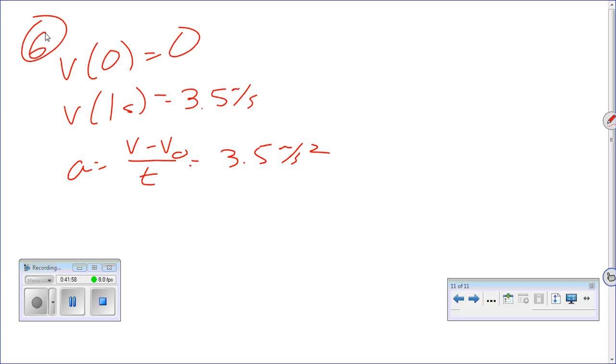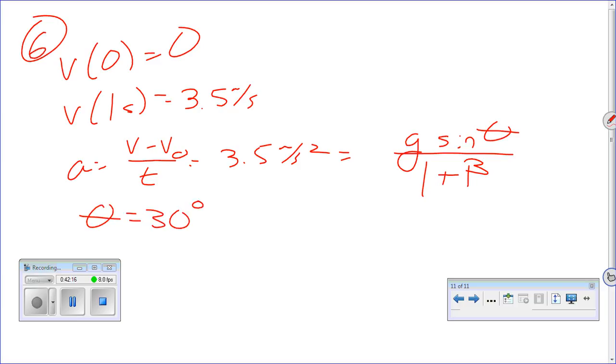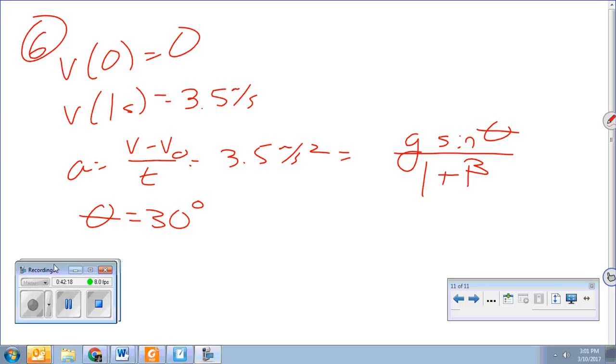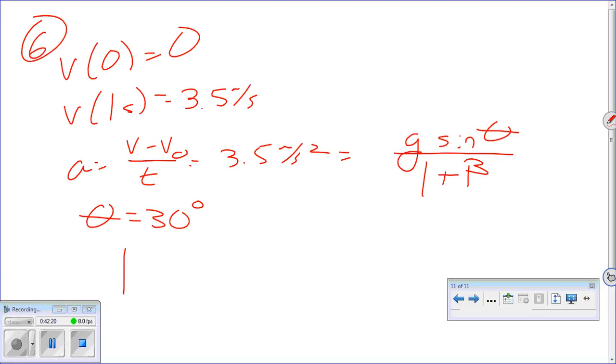It's about a thing rolling smoothly down a ramp, so that should be equal to g sine theta over 1 plus beta. The problem told me that theta was 30 degrees, and I know what g is, so I can algebraify this mess and figure out what beta is.